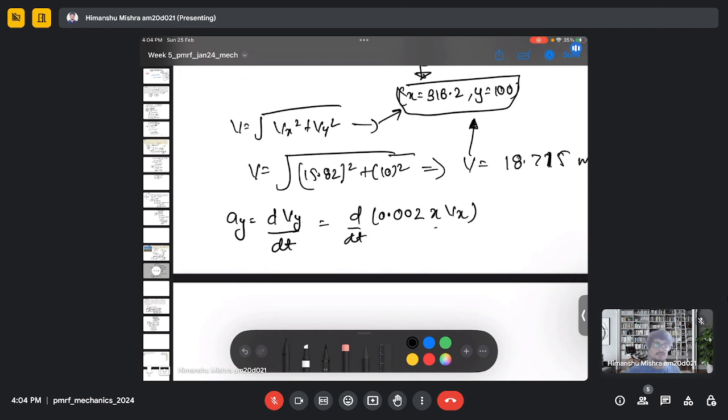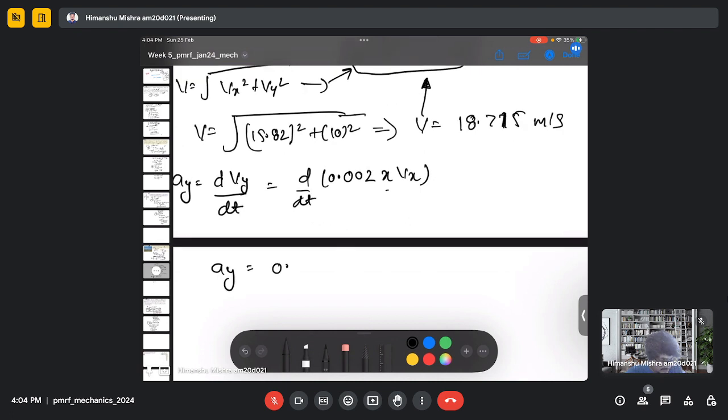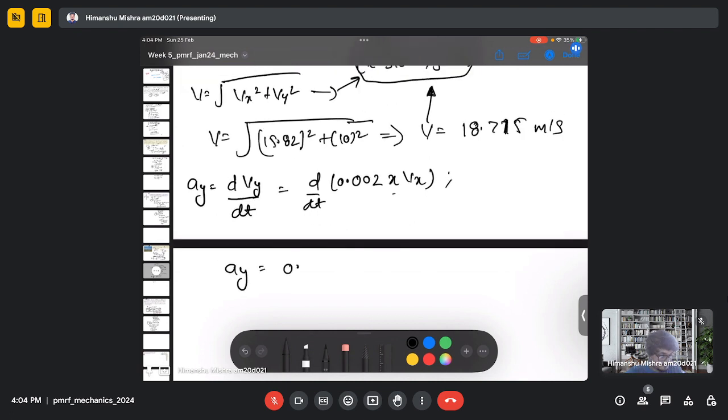Now both x and vx depend on time, so in order to take this derivative, we can use the product rule. I'm indicating the time derivative by x dot or v dot, so it will be 0.002 x dot vx plus 0.002 x v dot x.